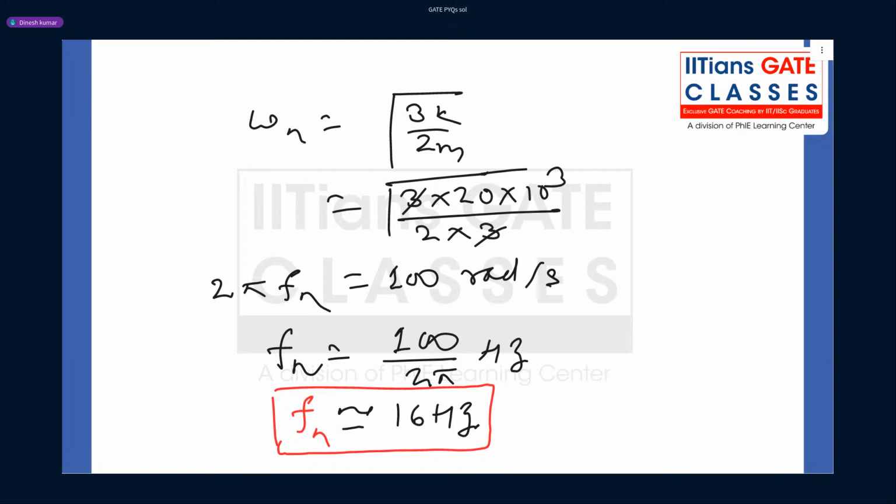Clear? Everybody, is it clear? Mr. Rahul, is it clear? Ashish, others? So, Hassan, you are a non-IGC student, right?